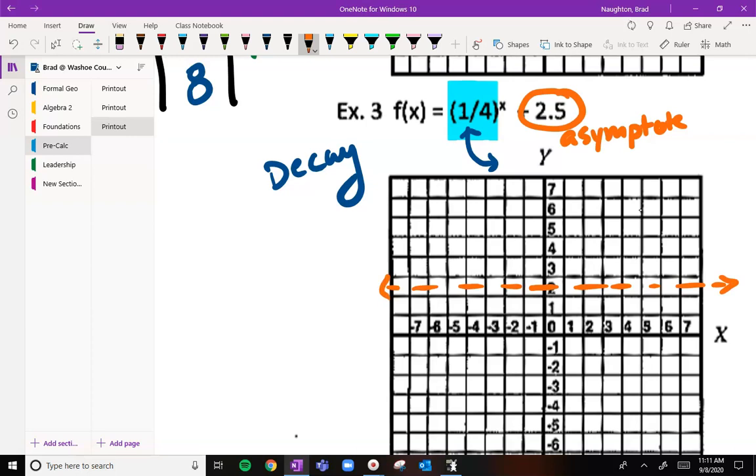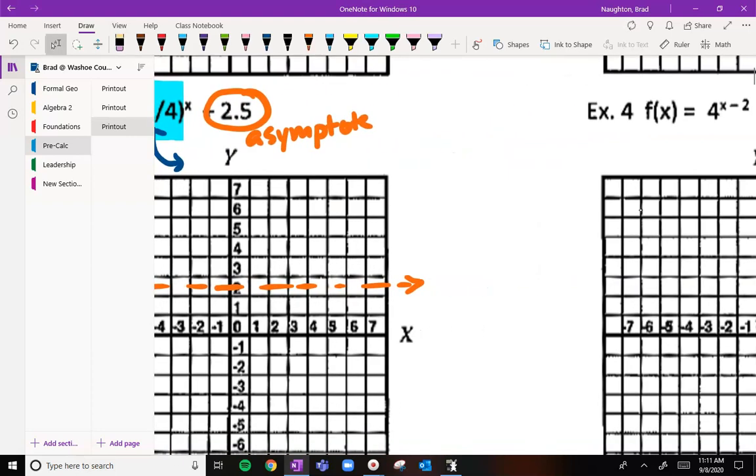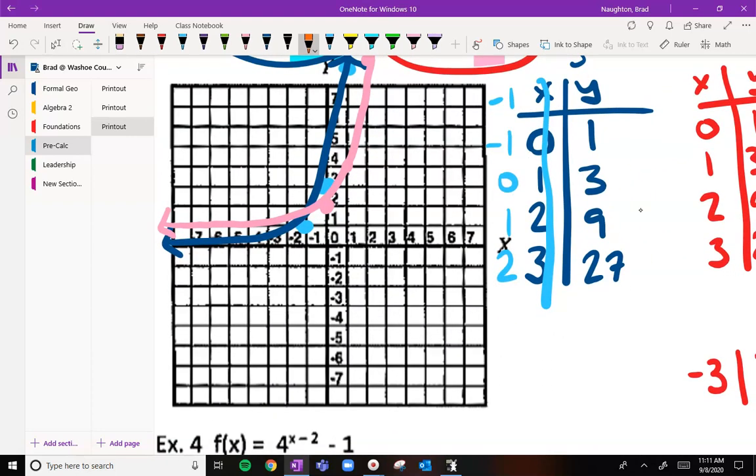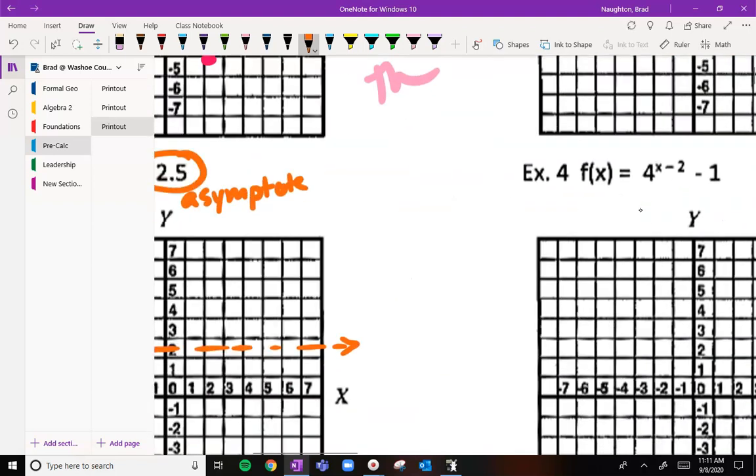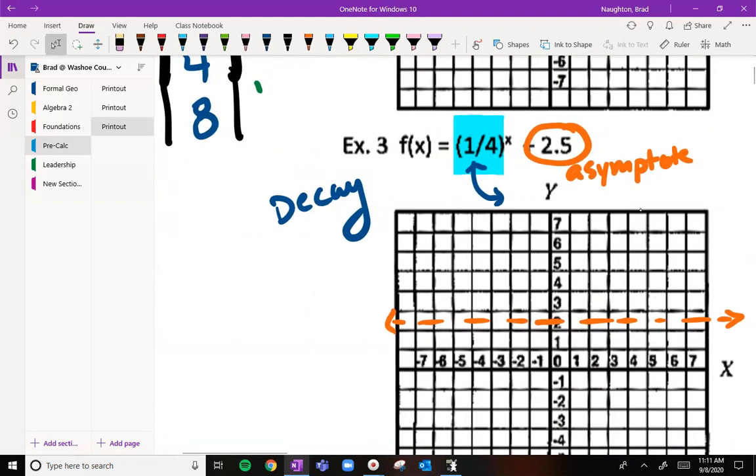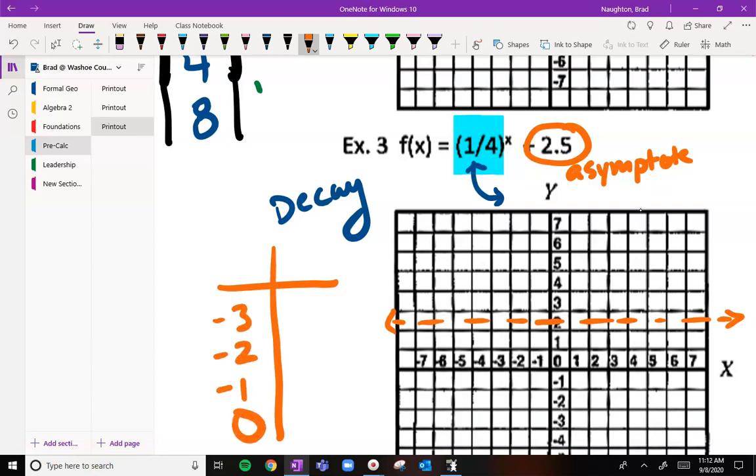Cool? All righty. So for growth, in the previous example I used 0, 1, 2, and 3 because those were my easy answers. For decay, I'm actually going to use -3, -2, -1, 0, because I know that's going to flip that 1/4 to the x power to eventually make it 4 to the x, and that's easier for me.